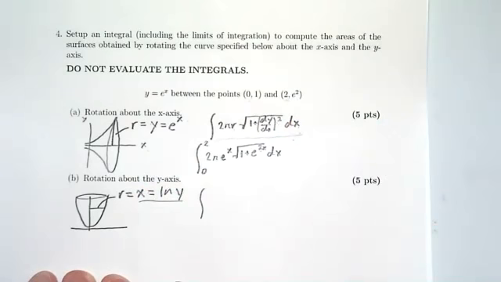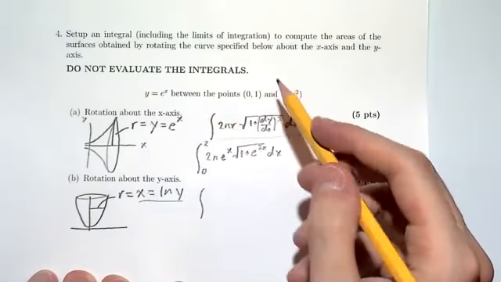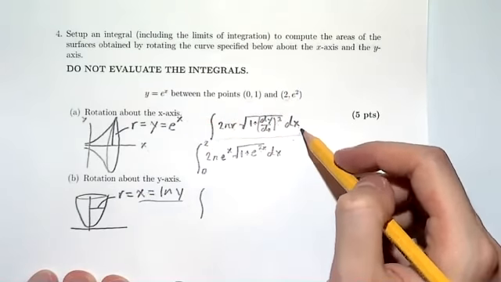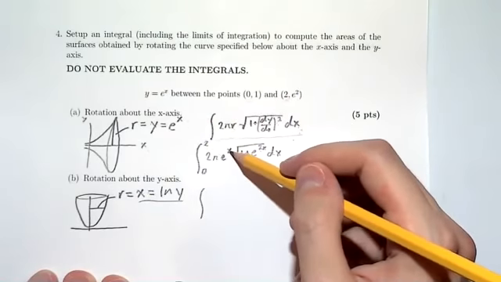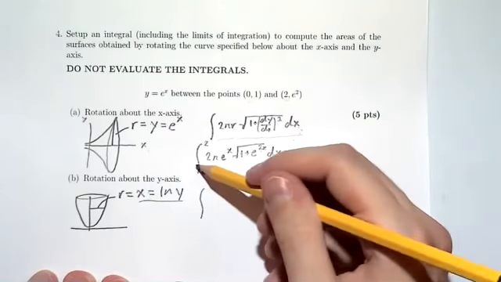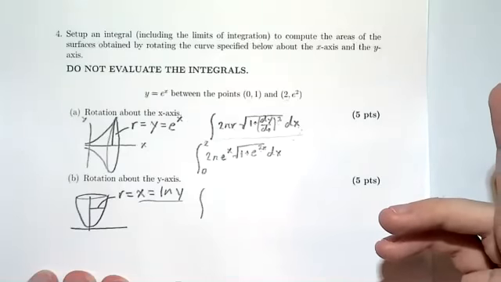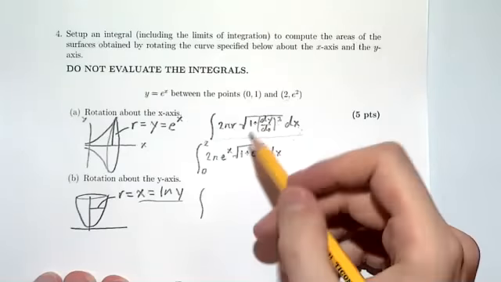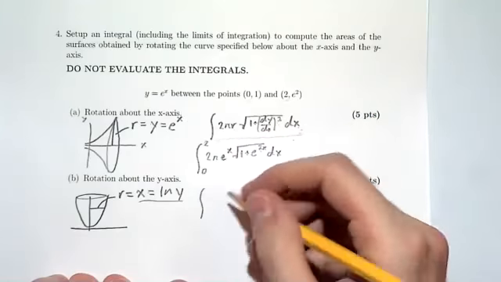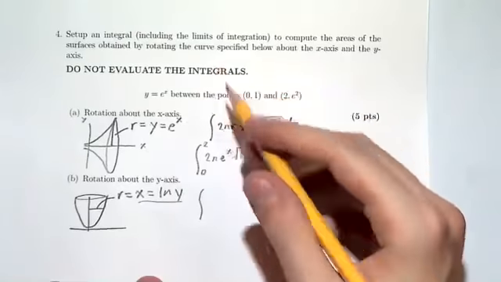You could also keep it in terms of x, and then instead of e to the x here, we would actually just have x. Then our bounds would also stay the same, because we'd still be in terms of x. But I'm going to show you how to do it in terms of y real quick, just so you know both ways.